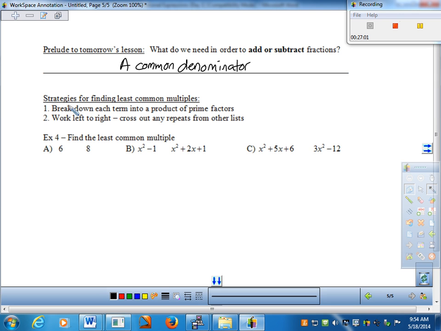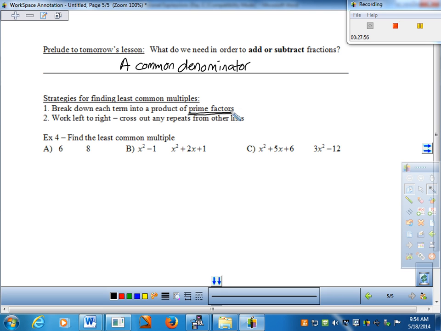So I'm going to just quickly read, and then we'll do a very concrete example just so you can see that process unfold, and then B and C, obviously, a little more of an abstract way to look at it. So number 1, in terms of the strategies, break down each term into a product of prime factors. Prime factorization is a little trick that comes up a lot in number theory, so we're going to do a little prime factorization on these.